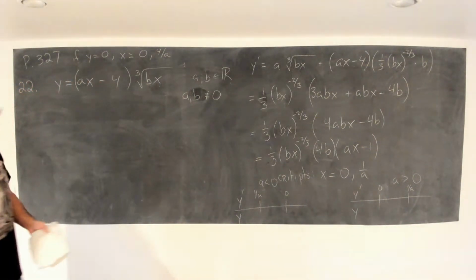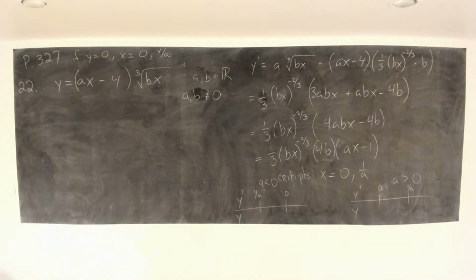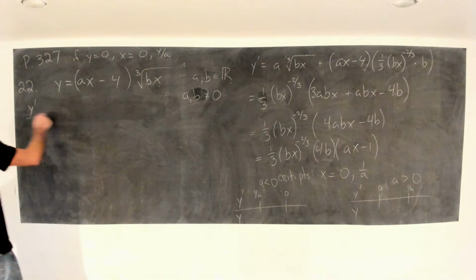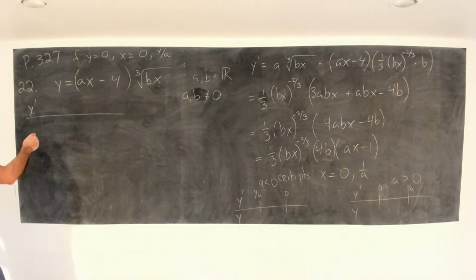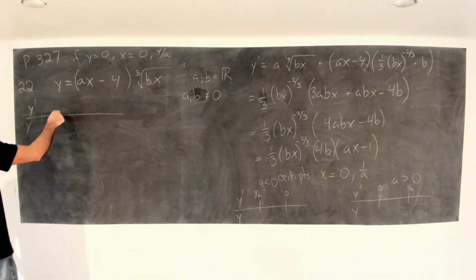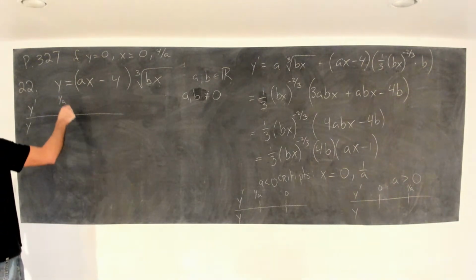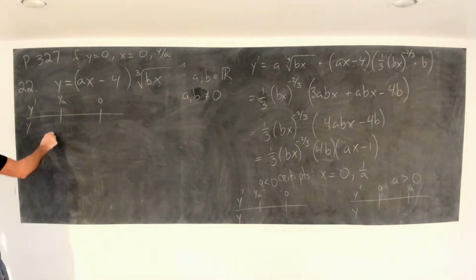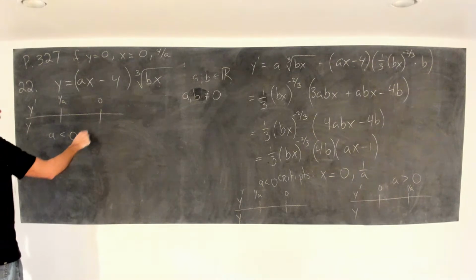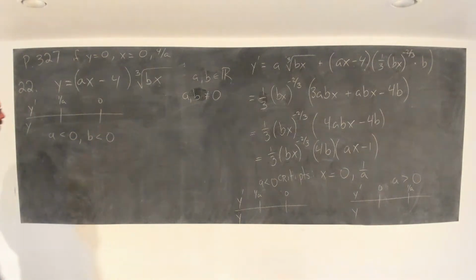So since we didn't do that, we now have to split up our first derivative chart into a few cases as well. So here's the case: a is less than 0, b is less than 0.